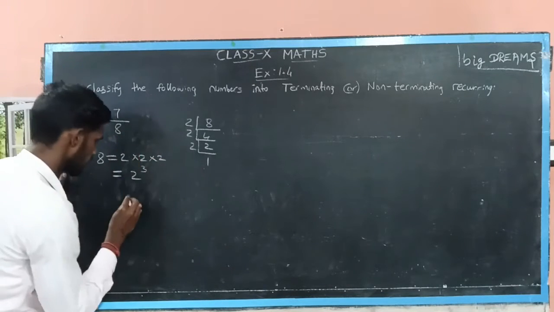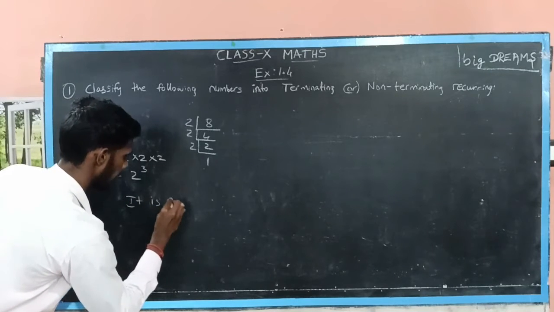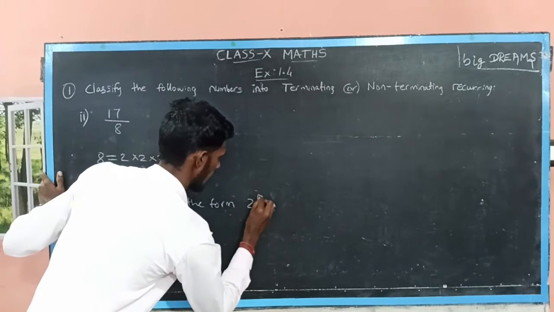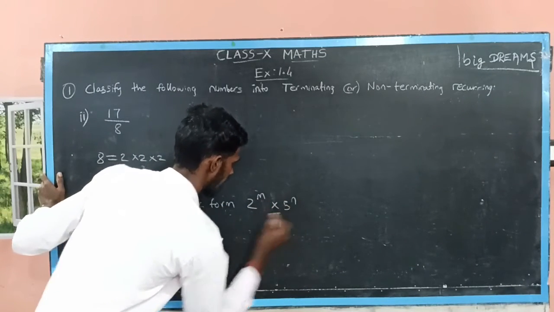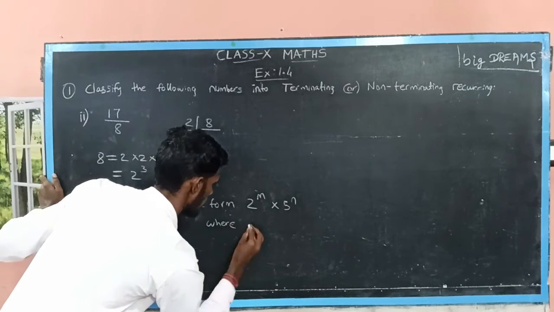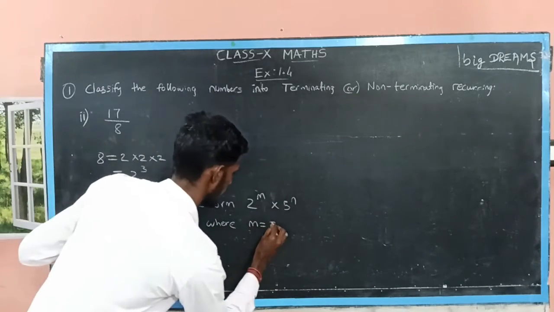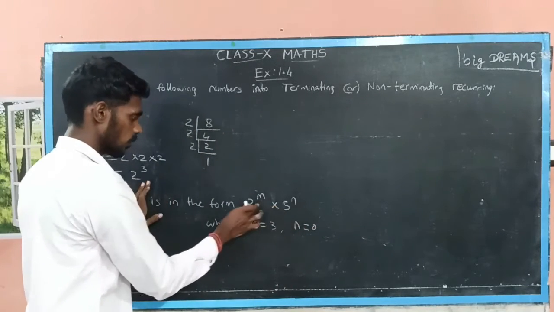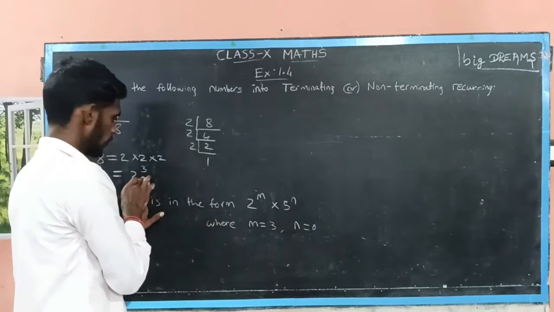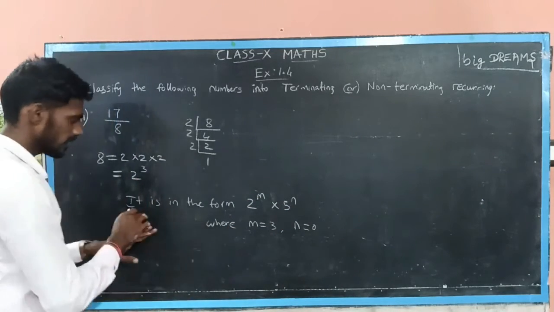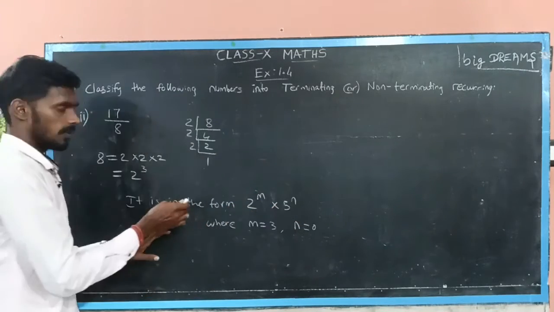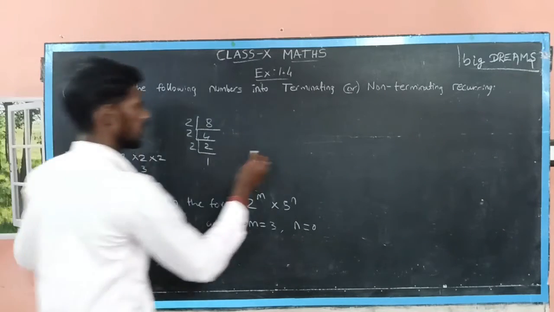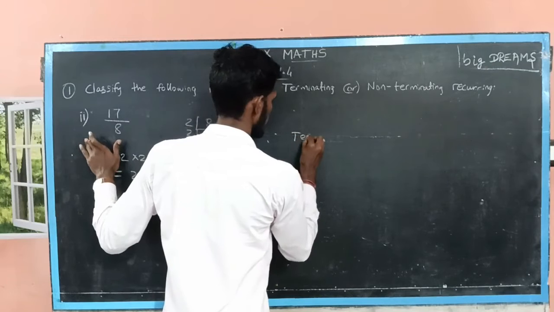So the denominator is in the form 2 power m into 5 power n, where m is 3 and n is 0, because 5 power 0 means 1, so it gives 2 power 3. According to theorem 1.6, the decimal value of this number will be terminating.